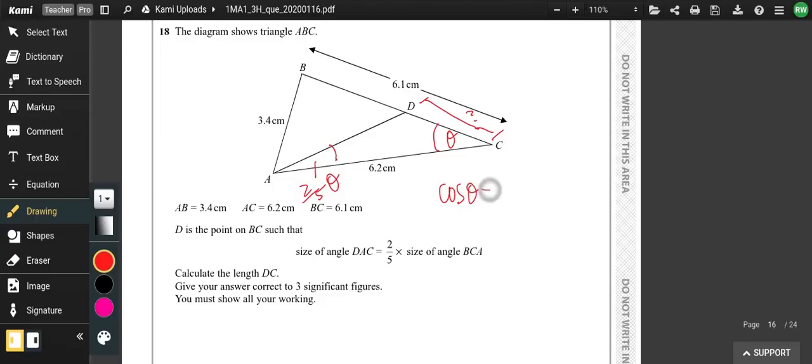Cos theta is equal to, that would make this A, and the other two would be B and C. It doesn't matter which way around they are. So 6.2 squared plus 6.1 squared minus 3.4 squared over 2BC. So put this into the calculator.